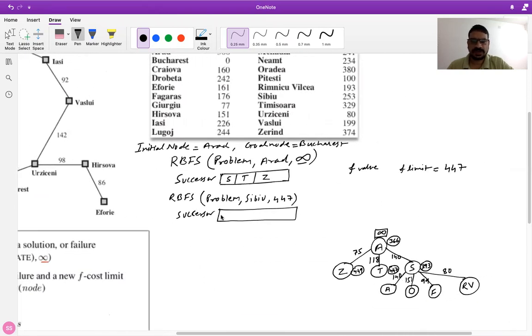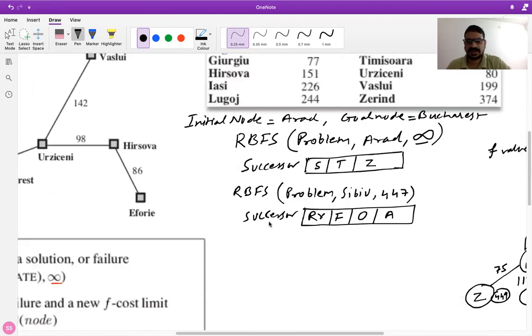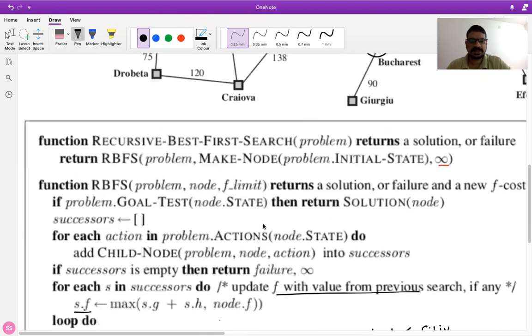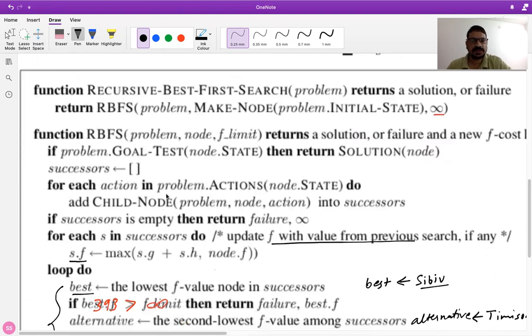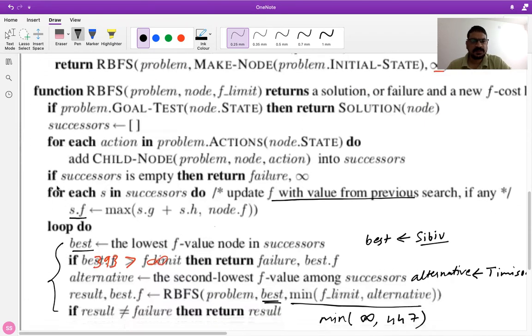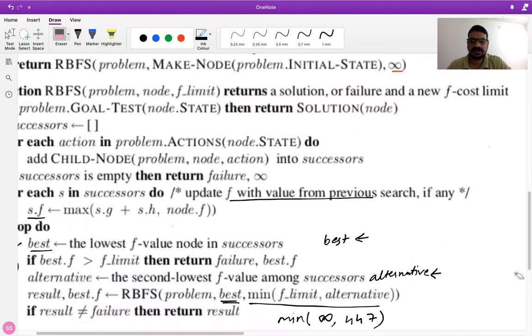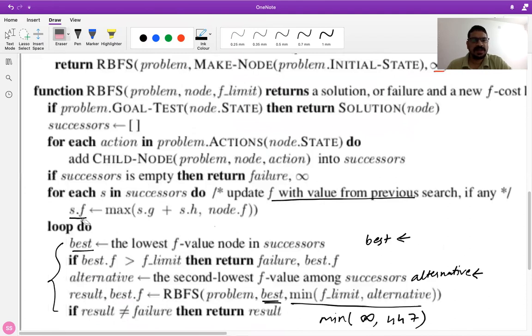Now we'll do the same process again. We'll put them into the successor list: Rimnicu Vilcea, Fagaras, Oradea, and Arad. This is my successor list. Now, the next thing is to see this algorithm: for each action, is the successor empty? No, the successor is not empty. There are values in the successor. The next thing we have to do is update the F value.